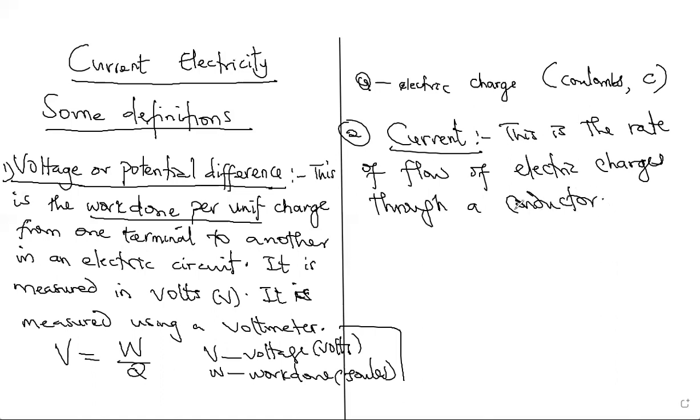Basically, this is the rate at which electric charges flow. When I say electric charge, what do I mean? I mean the electrons, the negatively charged particles that move around when there is a potential difference.